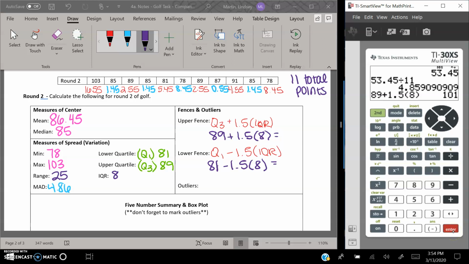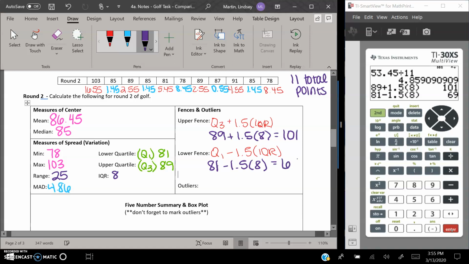My upper fence will be located at 101, and my lower fence will be located at 69. Now I need to look to see if I have any outliers. Do I have a number above 101?